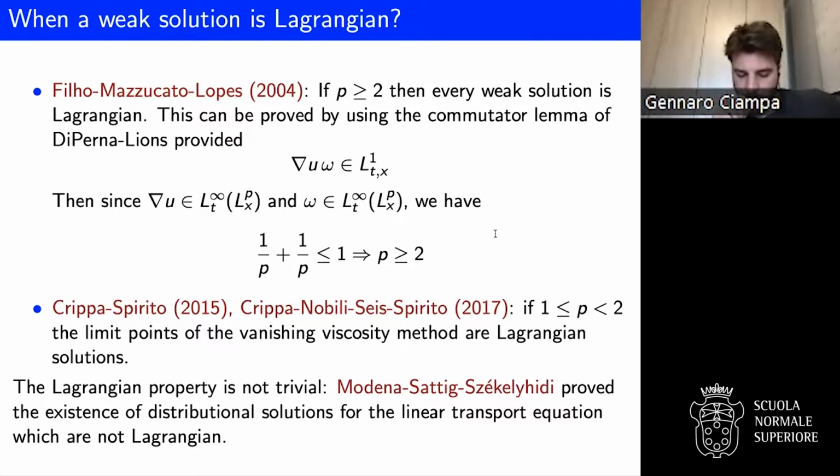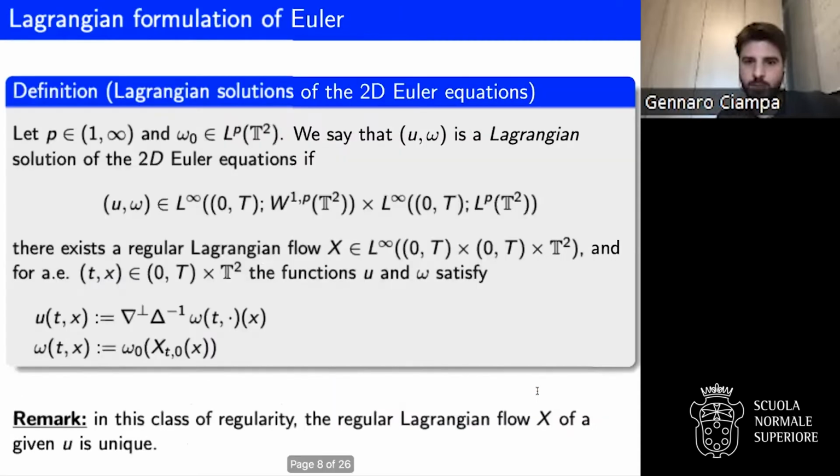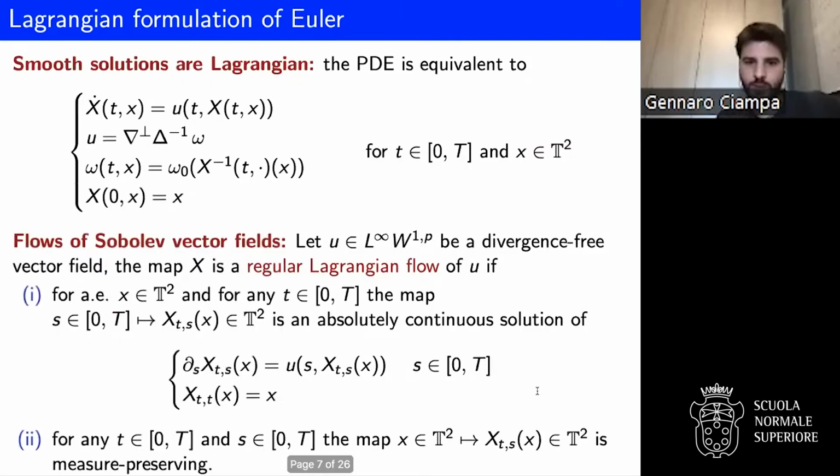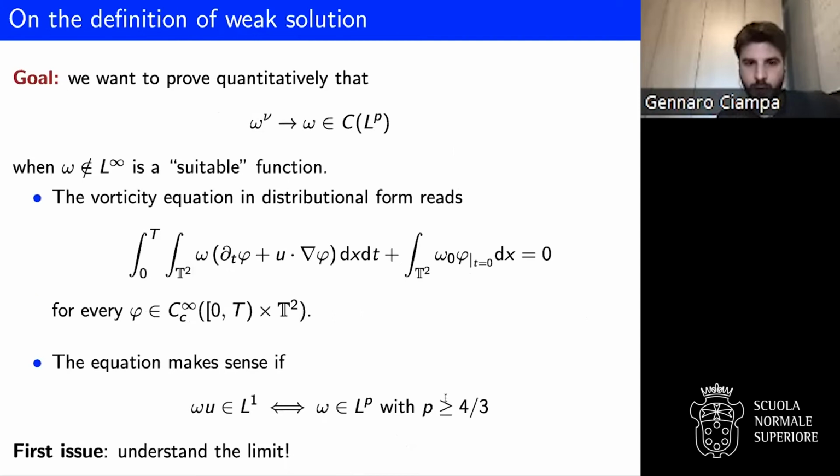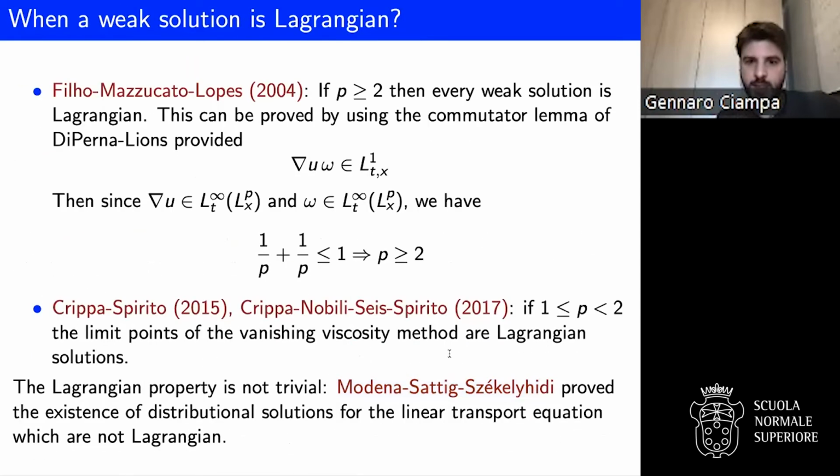In fact, they were able to prove the existence of distributional solutions of the transport equation which are not transported by the flow if the integrability of the vector field is very low. And if you do the computation, you are in the Modena-Szekelyhidi setting if p is less than 4/3. But still, the existence of solutions which are not Lagrangian is not known for Euler.